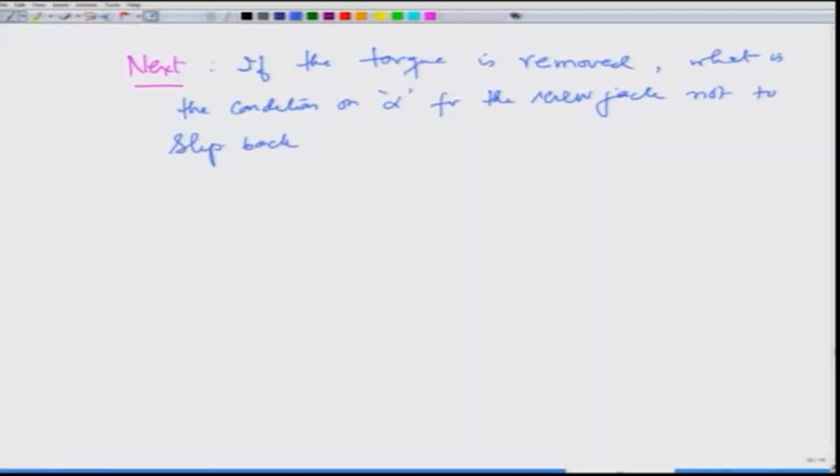So, in that case again let us analyze the forces. In that case what is happening is there is still a normal reaction N, there is a weight W, and now if the screw is slipping back, the frictional force will be in the direction opposite at an angle alpha, and N has a component in this direction.